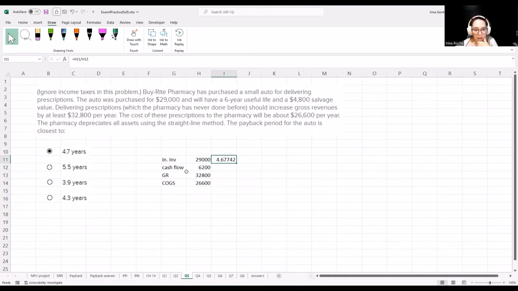I think the secret to this exercise is to figure out that my cash inflow is not this money. This is not what is actually coming to the company, because it cost me $26,600 to get this money. So that is my income, that's my inflow, whatever is actually coming to the company, and that is the answer.